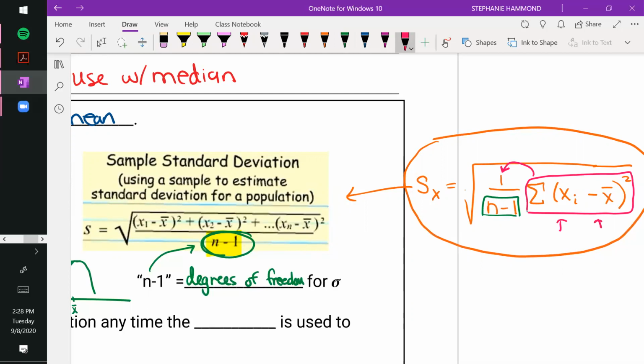Epsilon, this big Greek letter that looks like an E, means I'm going to add for every instance here. And x sub i refers to every piece of data within our sample. So I take my first piece of data, subtract my mean, square it, and then I add each of those for every piece of data, just like we do over here. No difference.